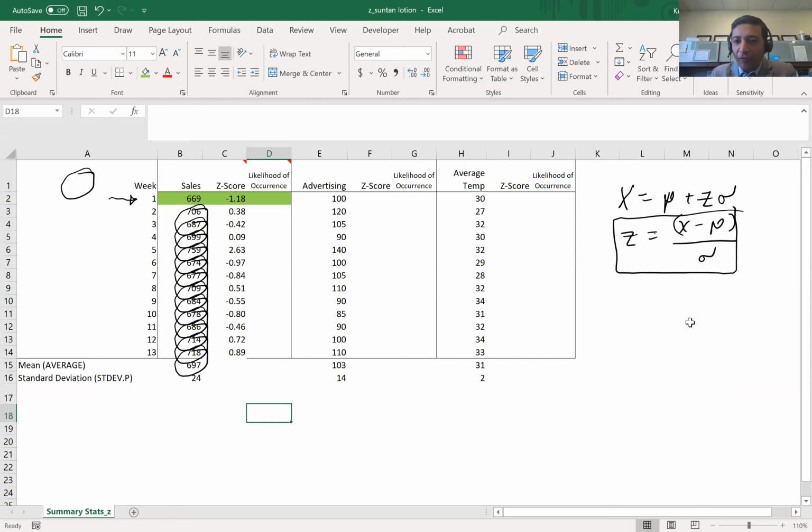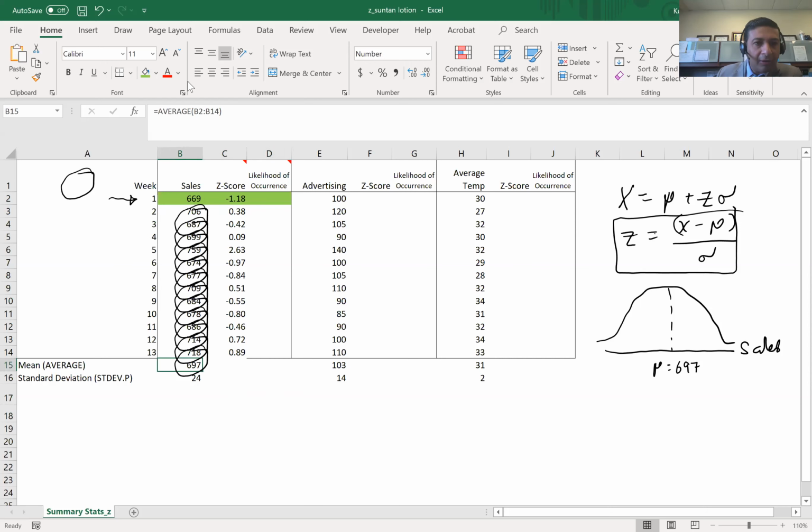Based off of what we have learned, if you put that into practice, this is your normal distribution of sales that has a mu of 697, if you recall that value, and a standard deviation of 24.